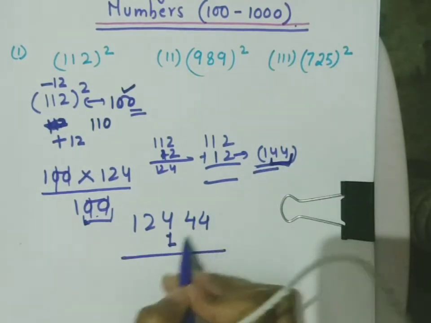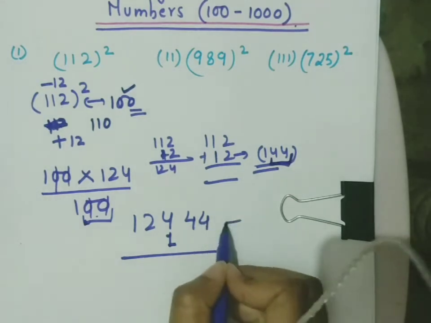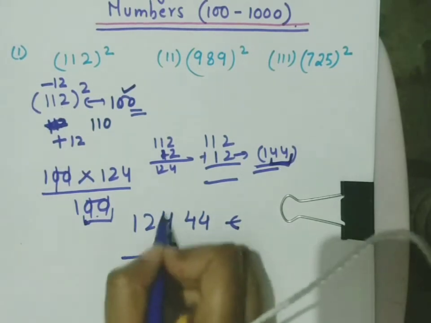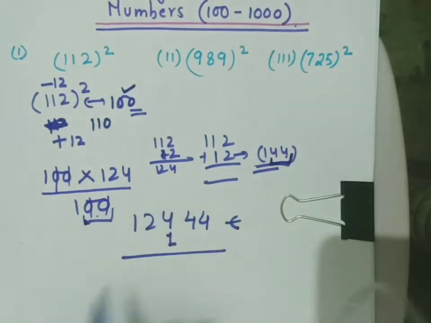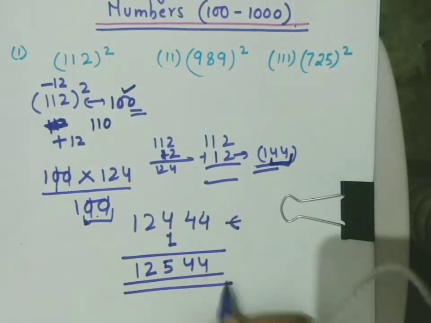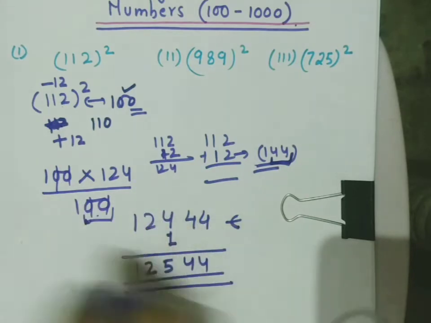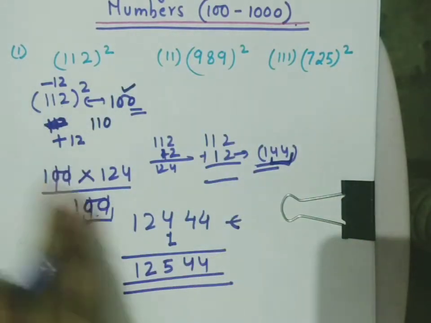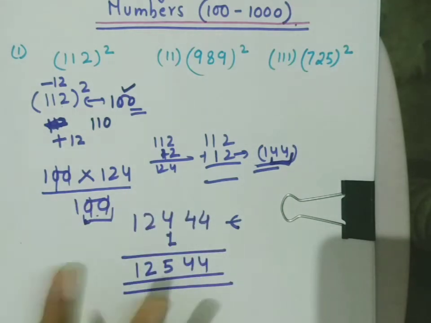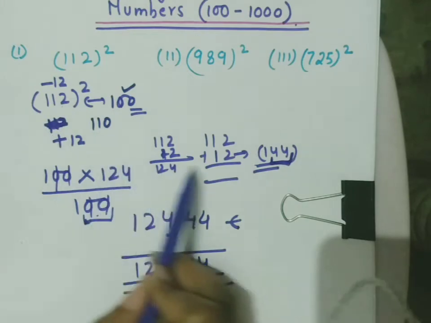This is how you have to write it: writing the number from the right-hand side and adding 1 to the last digit of the number we have got here. Now we will add it and we will get the answer. I know that initially you must have thought that ma'am has done so many things and how is it looking easy. But once you practice it, you will not have to repeat these steps again and again. You will only start from here and end here.